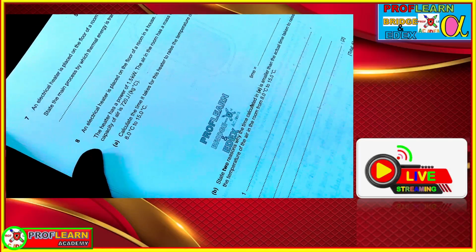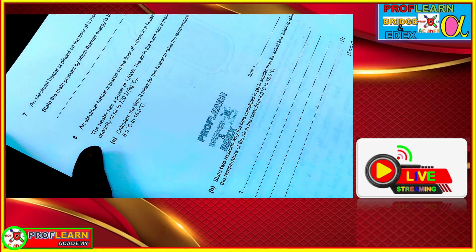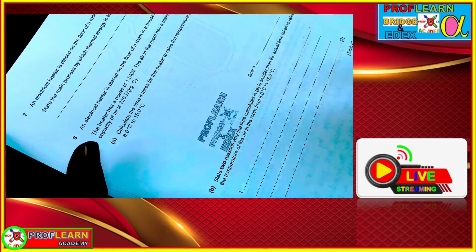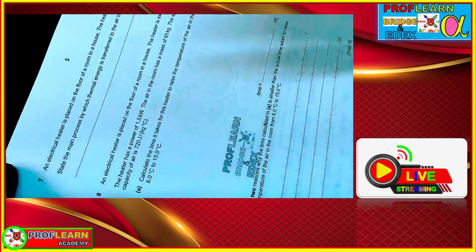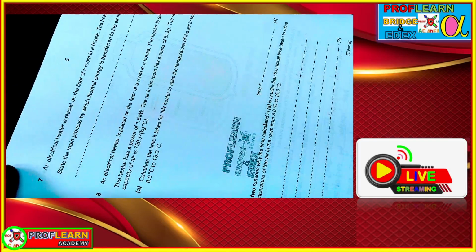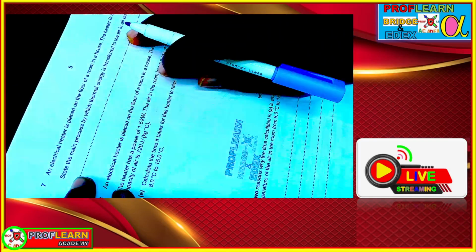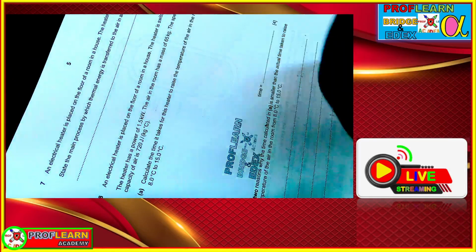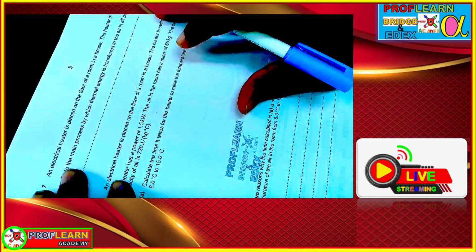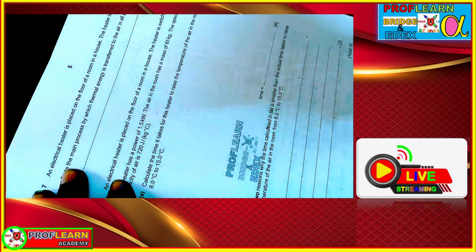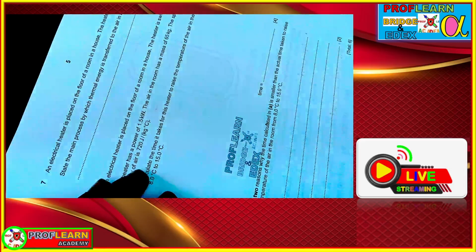Now we need to proceed to question number 7. We were told that the electrical heater is placed at the floor of the room in the house. The heater is switched on. If you are having a heater that is placed at the floor, that must be a convection heater. A radiation heater can be placed at the top, at the corner of the room, and then it can spread the radiation throughout the room.